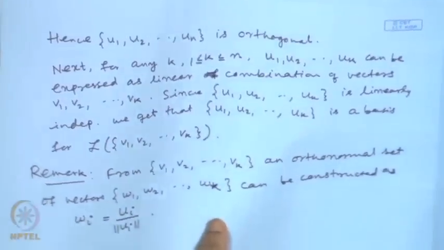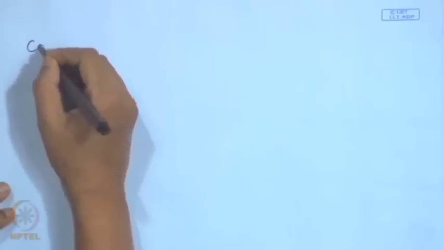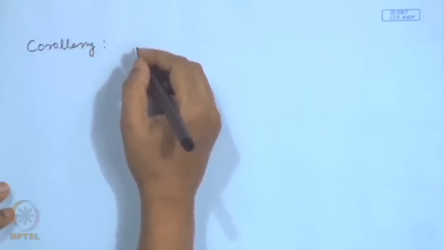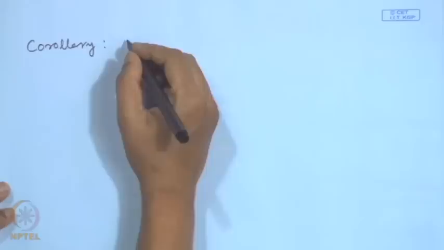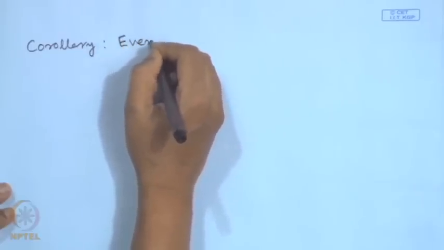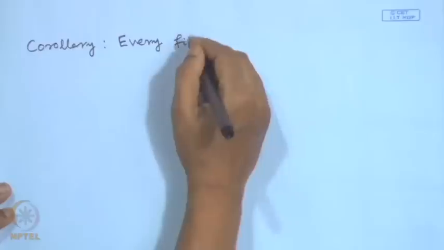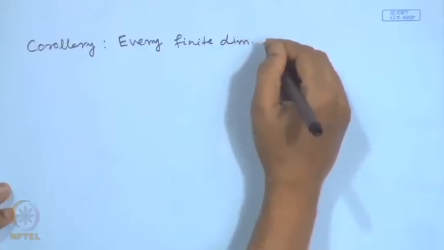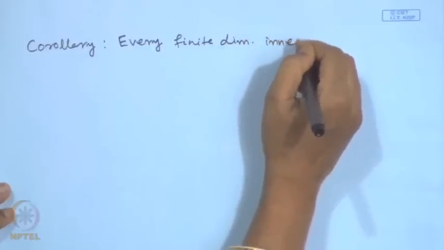So, this suggests that every finite dimensional inner product space has an orthonormal basis. From here we get this result: every finite dimensional inner product space has an orthonormal basis.